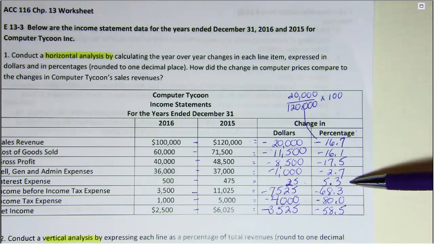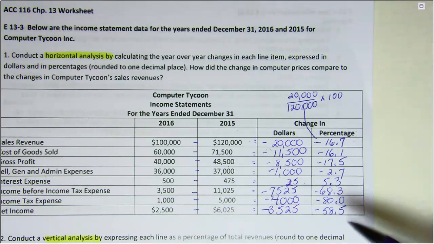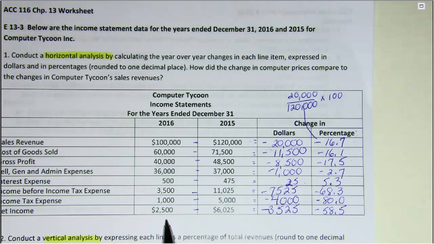Our interest expense went up, so perhaps we had to borrow money because we've been in some financial difficulties. Income tax will go down when your income goes down. And overall, net income went down 58.5% between 2015 and 2016. So Computer Tycoon is not doing very well.